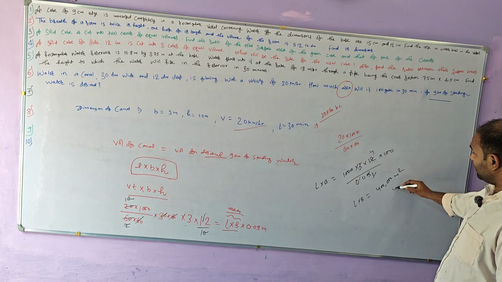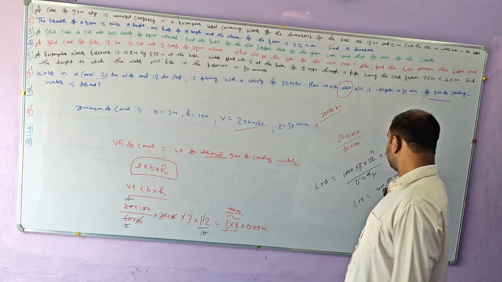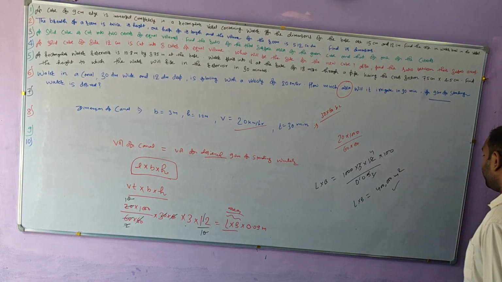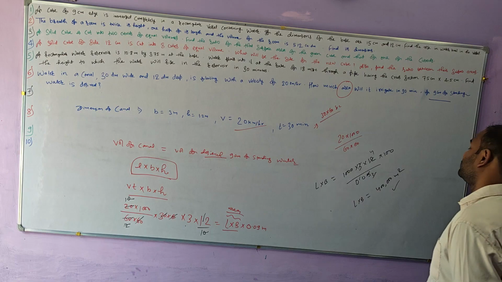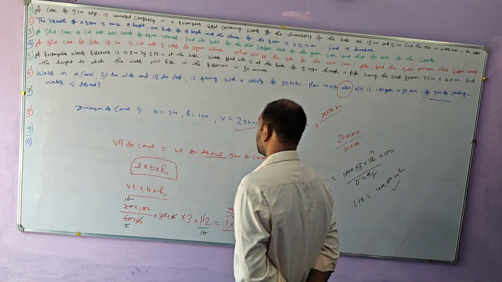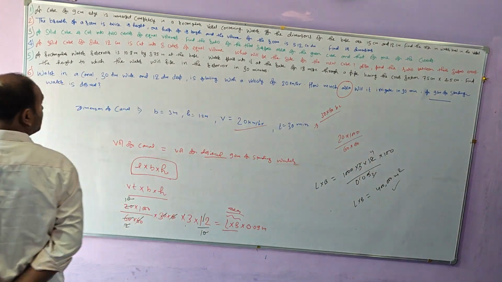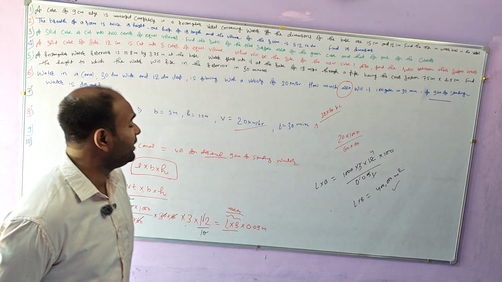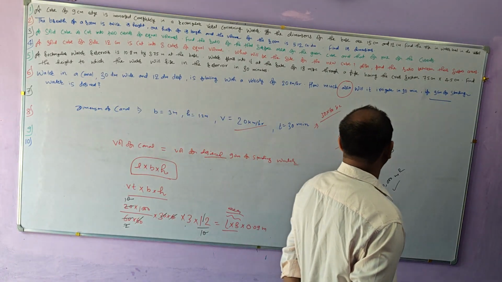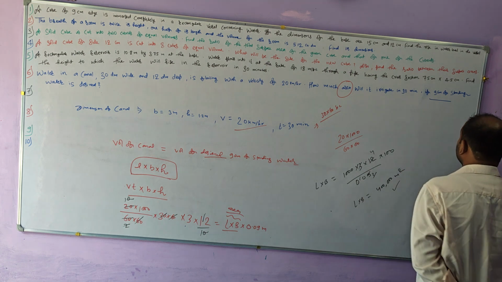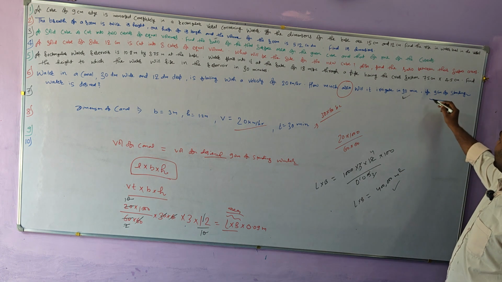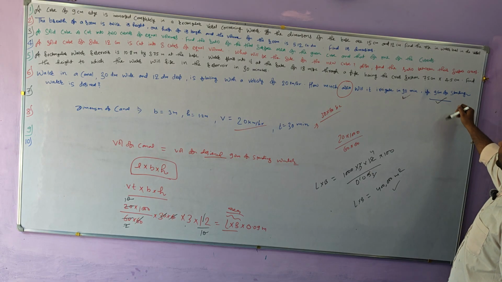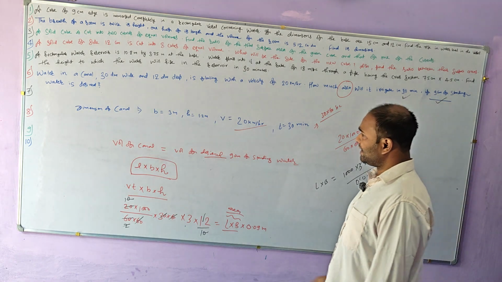We have the area of this, 4 lakh meter square. So we got an area of 4 lakh meter square in 30 minutes where 9 centimeter of standing water is available.